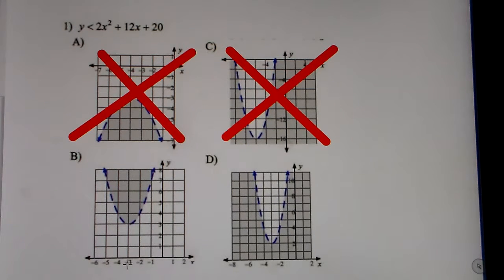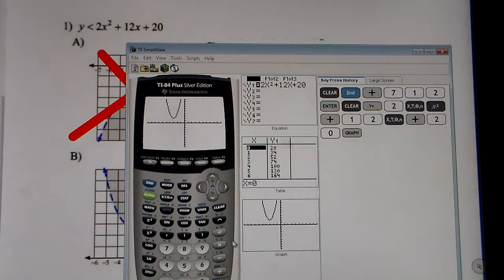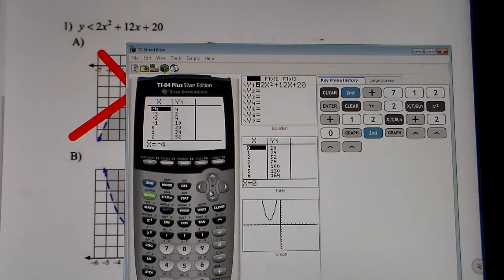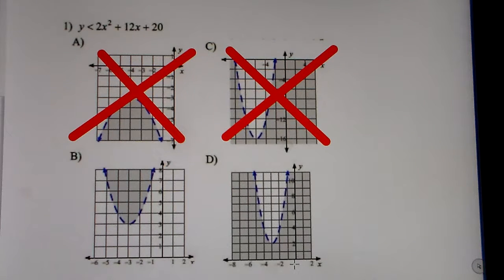The vertex in B is at -3, 3. And the vertex in D is at -3, 2. So if I look on the calculator, I could see that the vertex is at -3, 2. So my answer, we know for a fact, is already D.